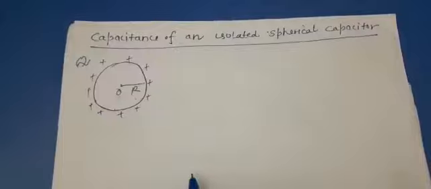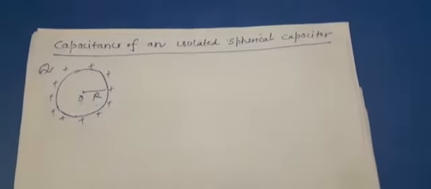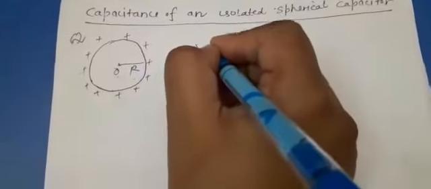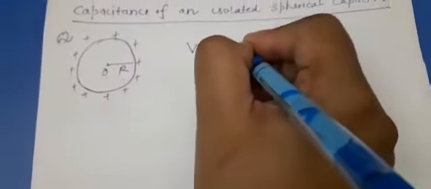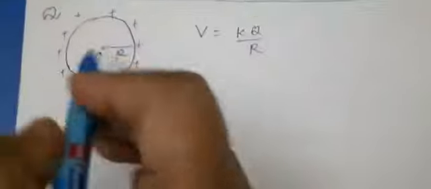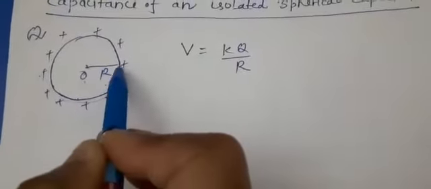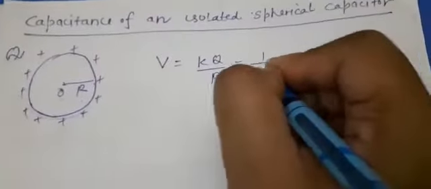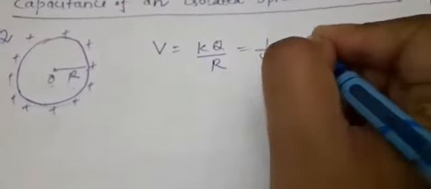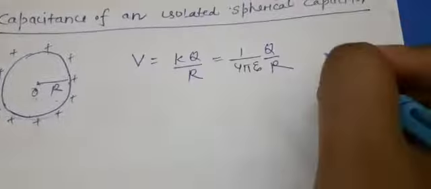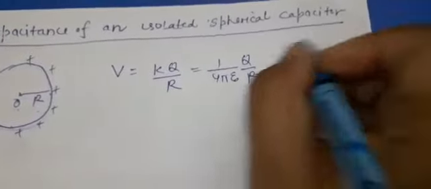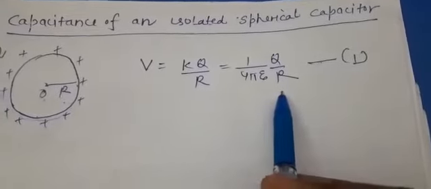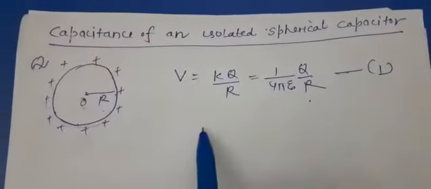As the charge is present over the surface, the potential at any point on the surface, distant R from the center, is given by KQ by R. So potential will be 1 by 4 pi epsilon naught, Q upon R. This relation is known to you.